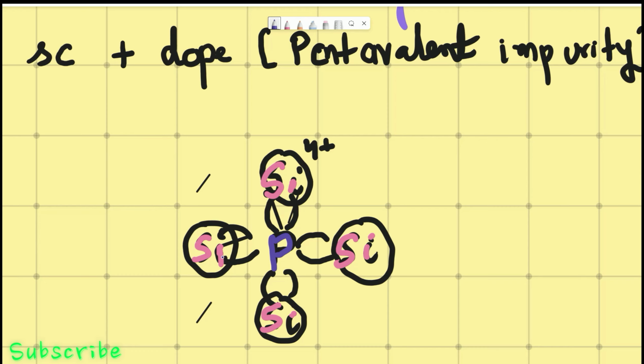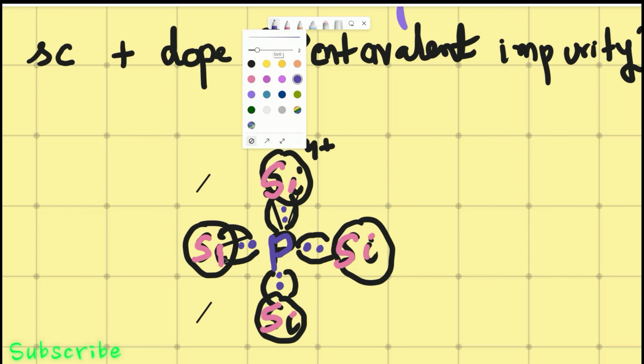For each bond, 1 electron comes from phosphorus and the other comes from silicon, and the same holds true for this bond, and so on. So the phosphorus in the middle has used 4 electrons, and what it is left with is 1 electron, which is free.